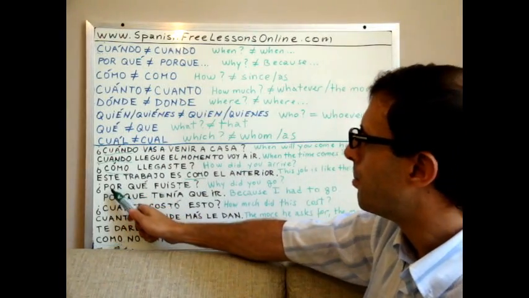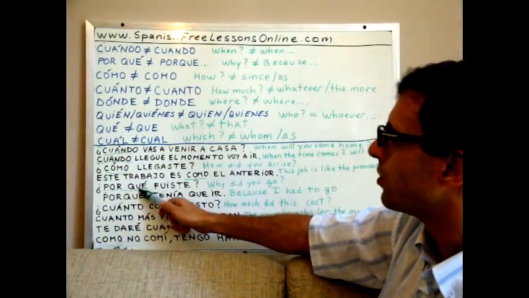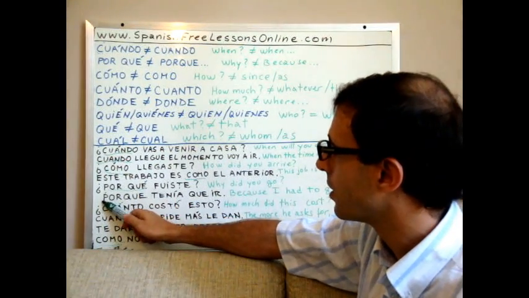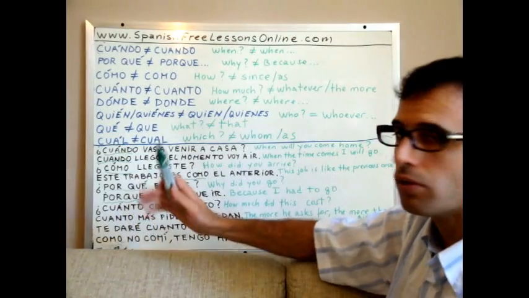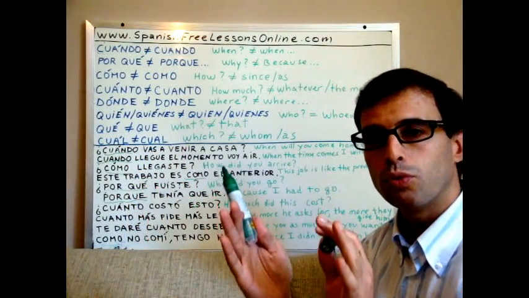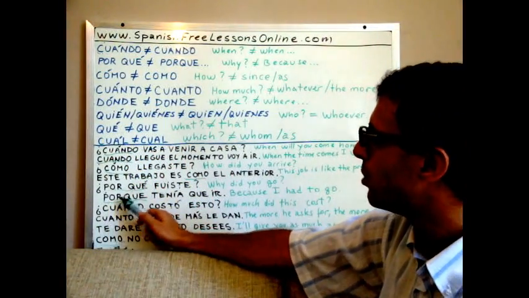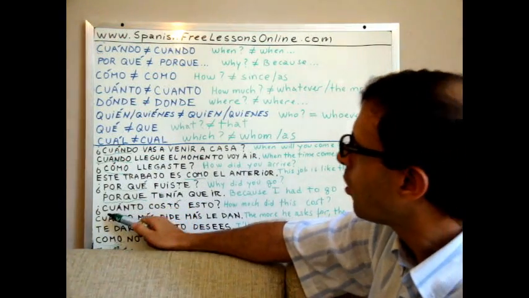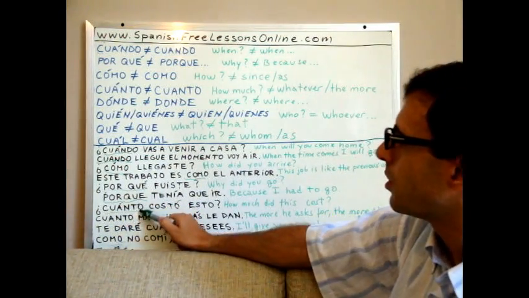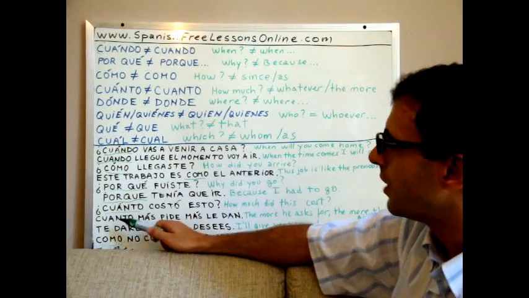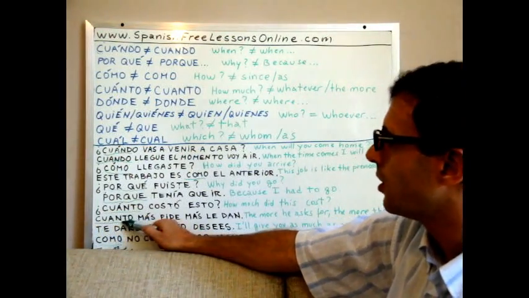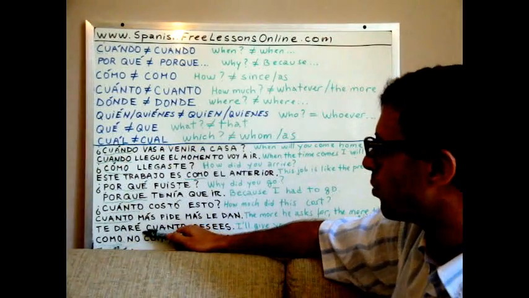We have por qué, two words with a tilde for inquisition, and porque, one single word. You see, we just joined the two short words into one word, porque, and we removed the tilde. Cuánto, how much, a question word, and this is not a question word anymore when we remove the tilde, right?